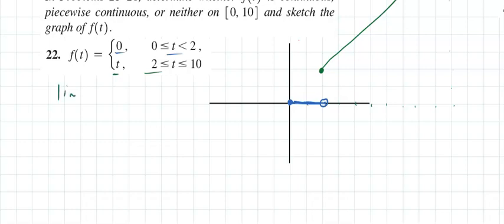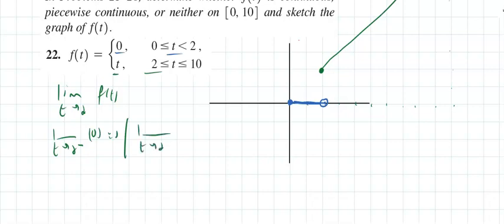If I take the limit as t approaches 2 of f of t, that's the limit as t approaches 2 from the left, and the limit of a constant is the constant, the limit as t approaches 2 from the right, and that is 2. Well, since the limit does not exist, we know that there is a jump discontinuity.